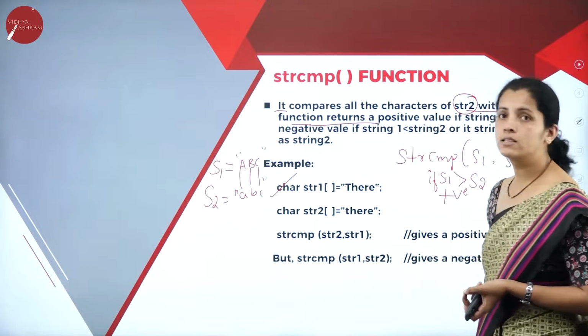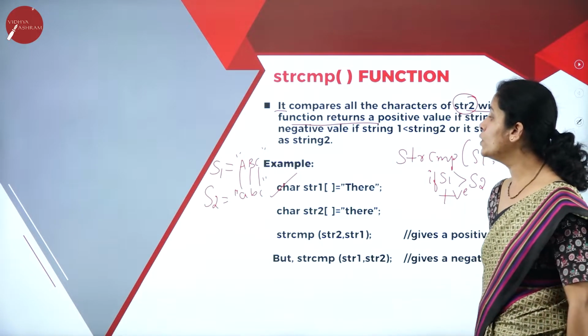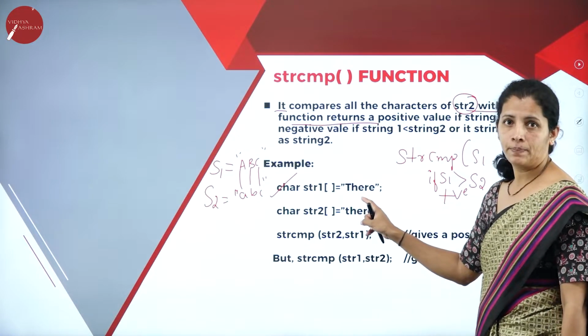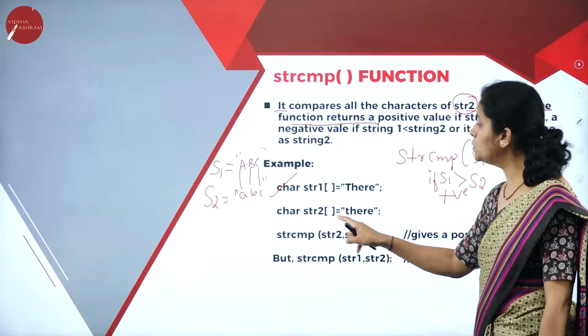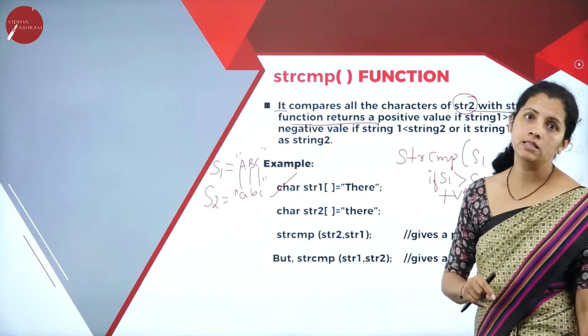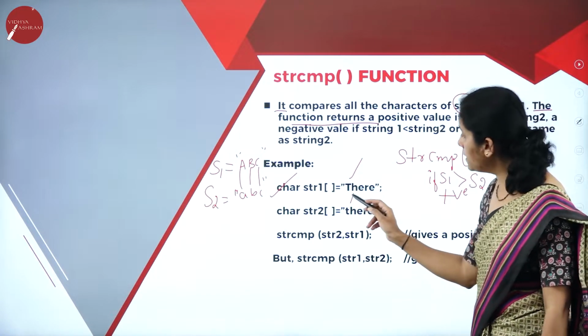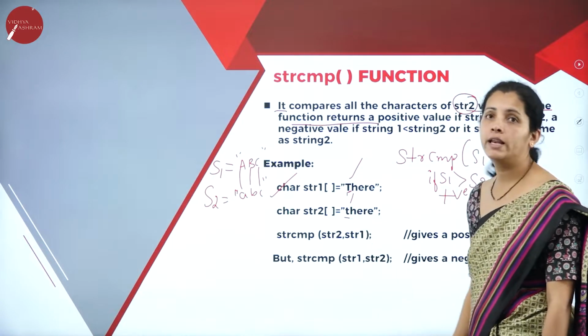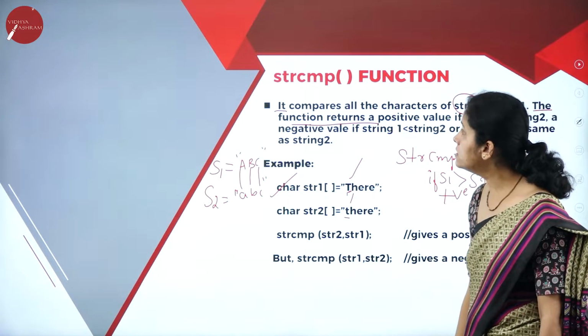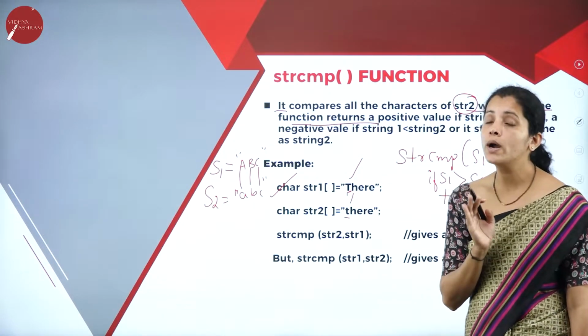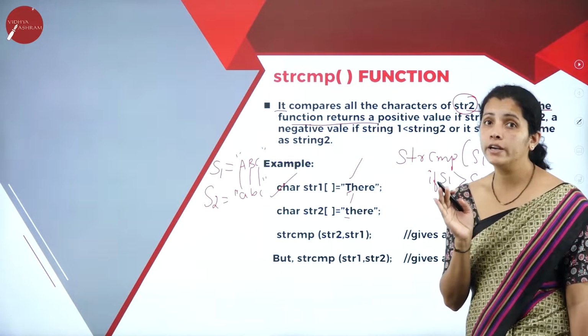So consider the example here. At the beginning, I have string 1, that is "there", and string 2 is once again "there". But see the difference here. It is capital letter T and small letter t. But in string comparison, uppercase letters as well as lowercase letters are different.